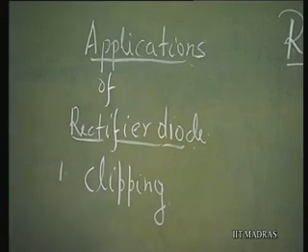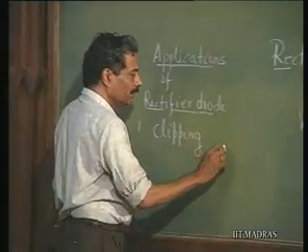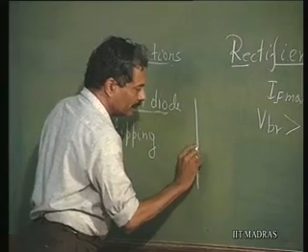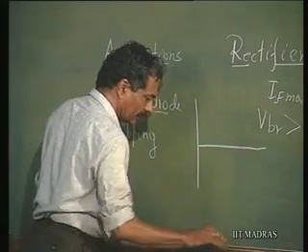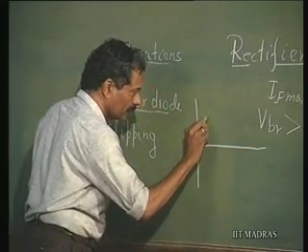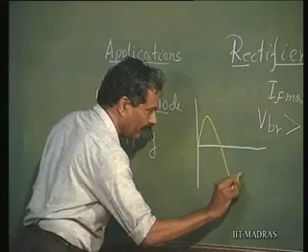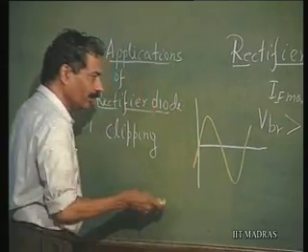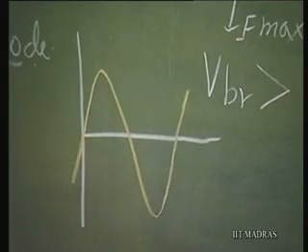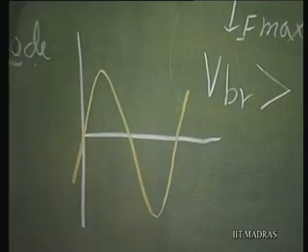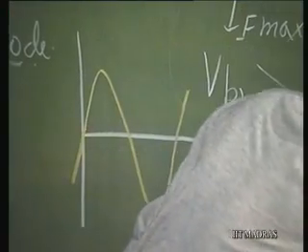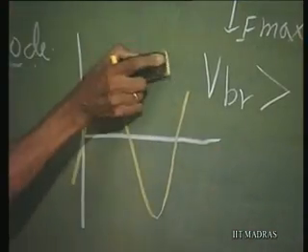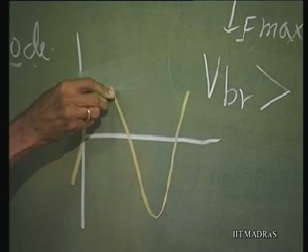That means you want to chop off the waveform. Let us say a given waveform is like this. Let us say this is a sine wave. I want to chop off a certain portion of the waveform, clip. So, clipping is one of the important functions of the diode.